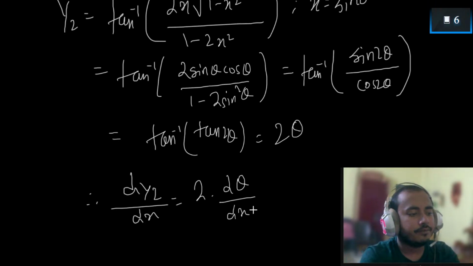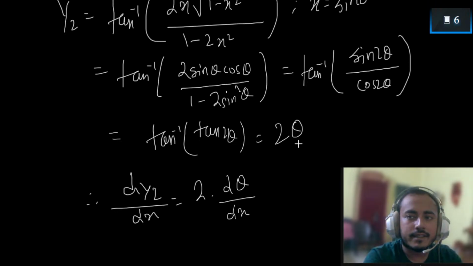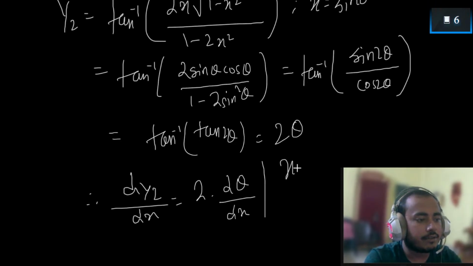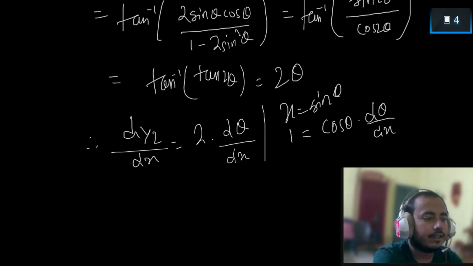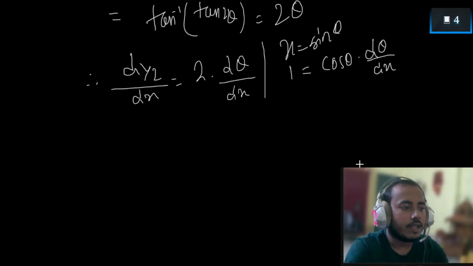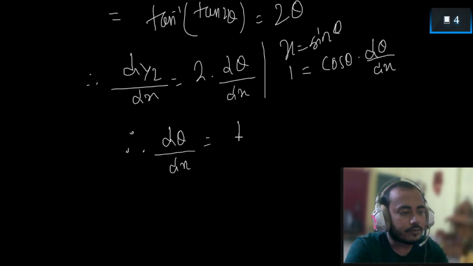Right. Okay, so what is d theta by dx here? Again, similarly, x equals sine theta. This would mean if you do d dx on both sides, 1 should be equal to cos theta into d theta by dx, right? And therefore, we can write that d theta by dx in the case of y2 is 1 by cos theta, and cos theta is basically root over 1 minus sine square theta.